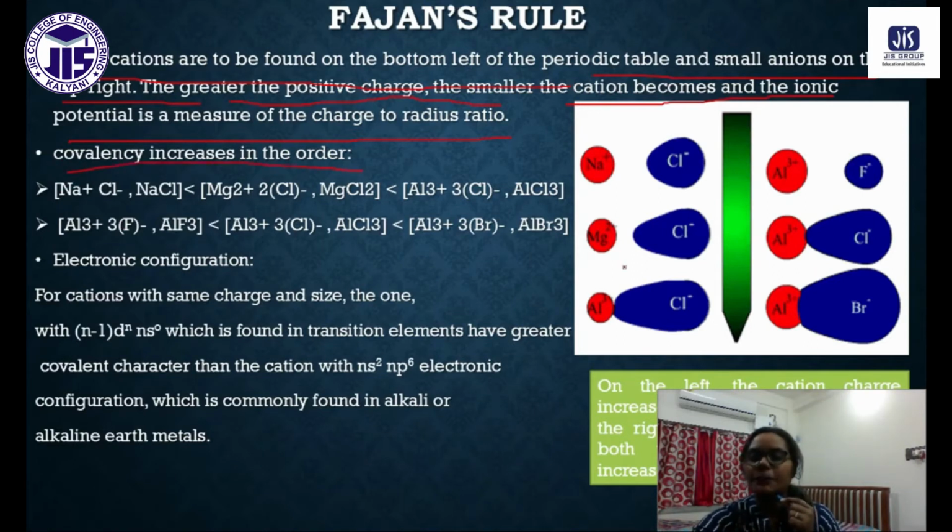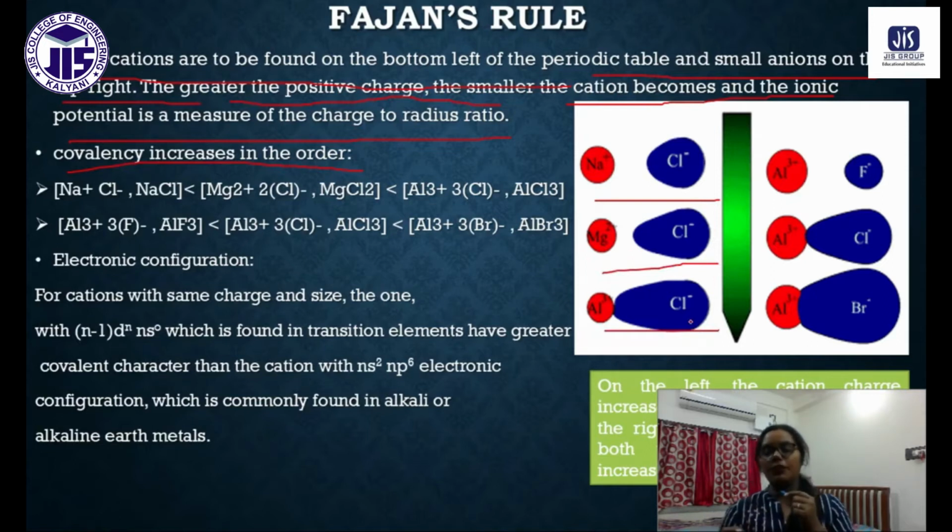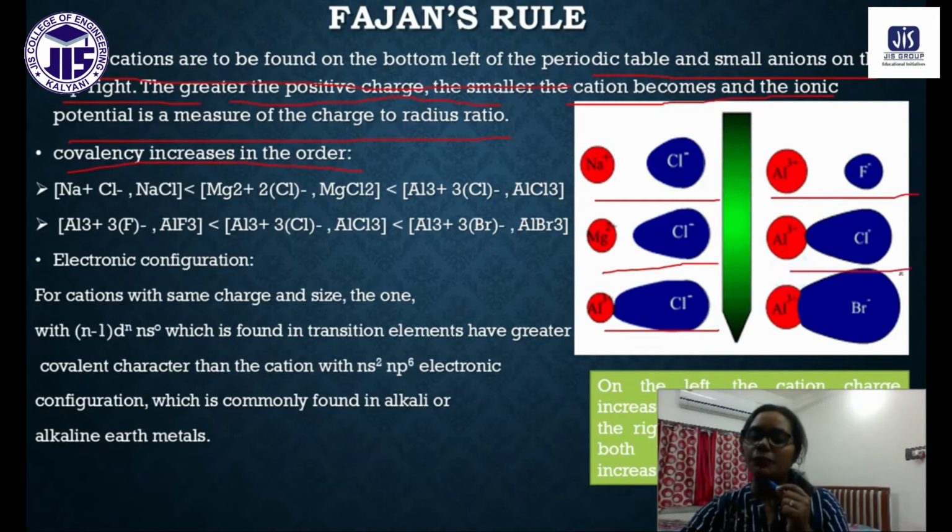You can see this picture. Look, sodium chloride, ionic character. Magnesium chloride, aluminum chloride. For aluminum chloride, the distortion is higher. That means for aluminum chloride, the covalent, bonding character will be higher. Here also you can see aluminum fluoride, aluminum chloride, and aluminum bromide.